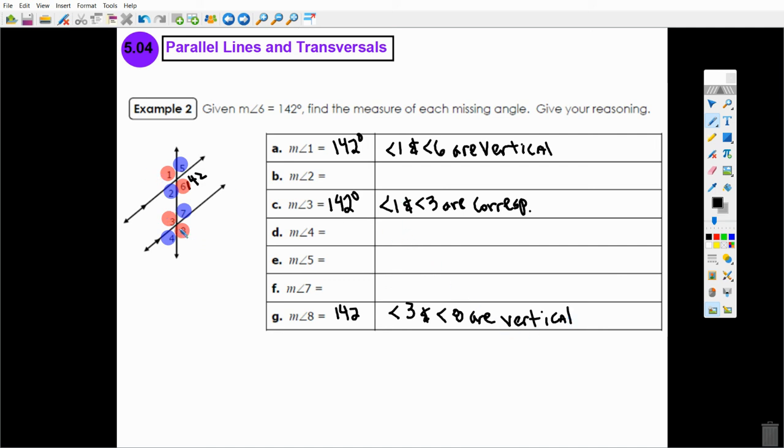Okay, and then I can also do, well, 6 we already did, so we did all the red ones. The only other option is if we take 180 minus 142. So that's going to be our next number. We got 180 minus 142, 38 degrees.